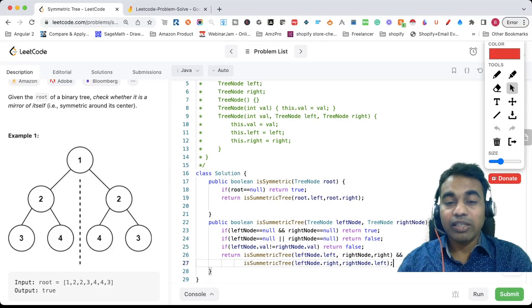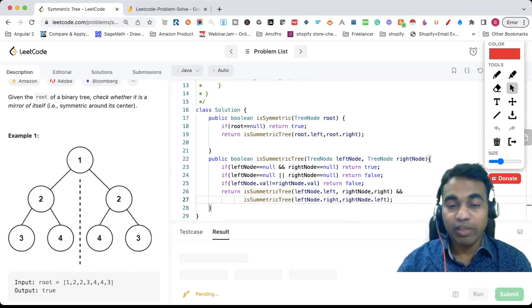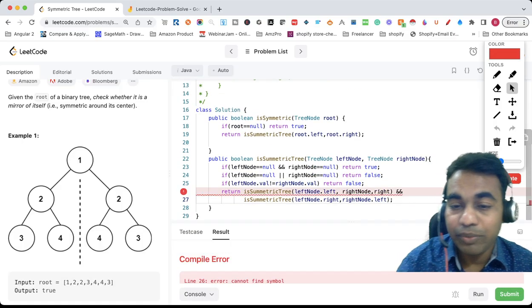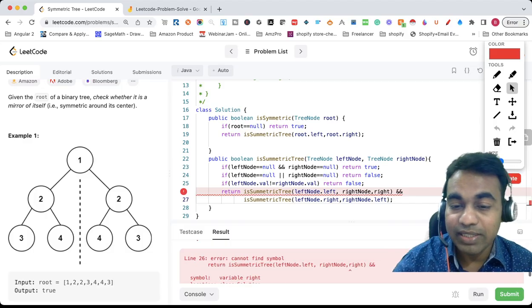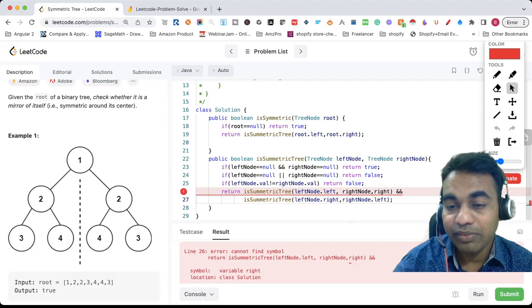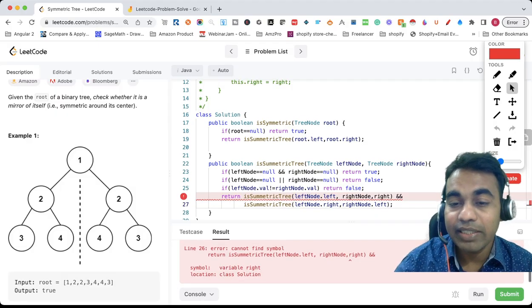So let's start running this program and see if we are okay. If you have any questions on this, just put it in the comment box so that we can discuss. Okay, there is some error. It says it cannot find the right node.